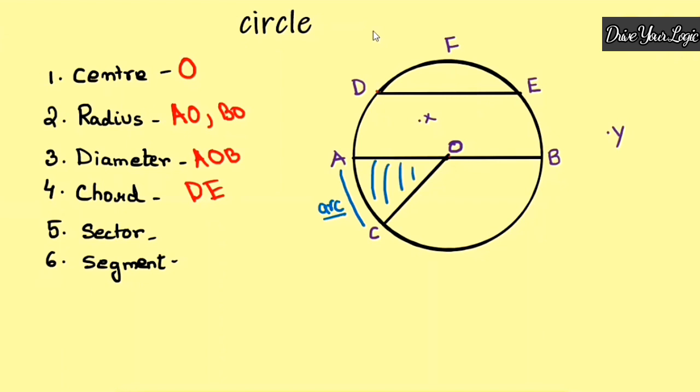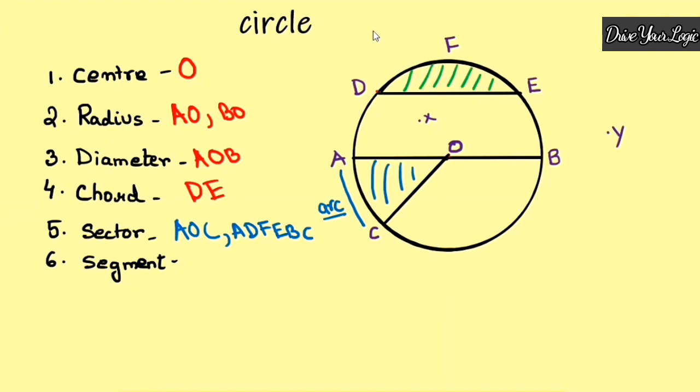This is the minor sector. And the rest of it, that is A, D, F, E, B, C, is the major sector. AOC is the minor sector. And the rest of it, we can also write A, D, F, E, B, C. That is the major sector.